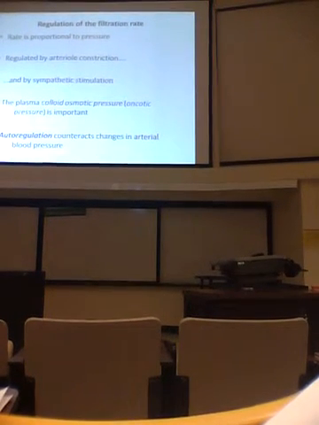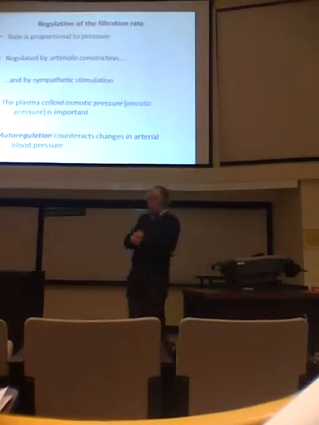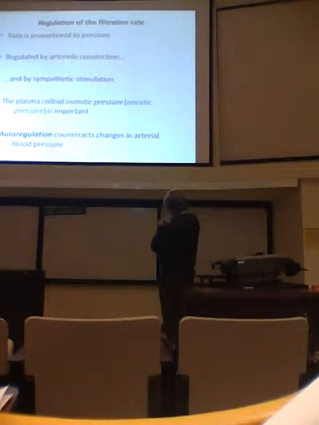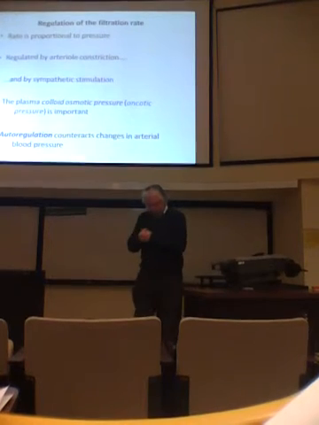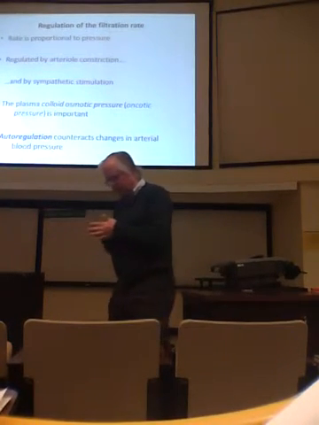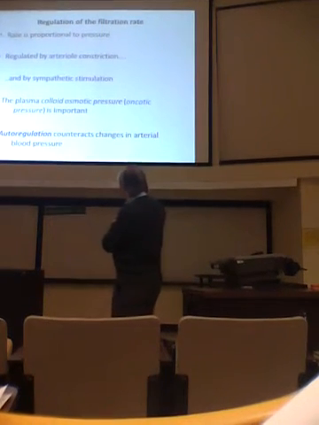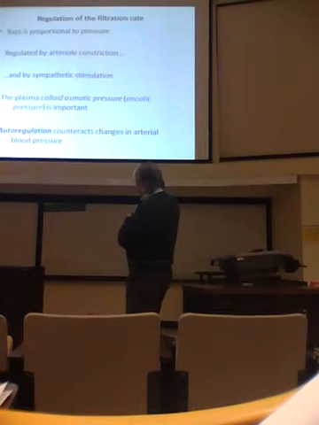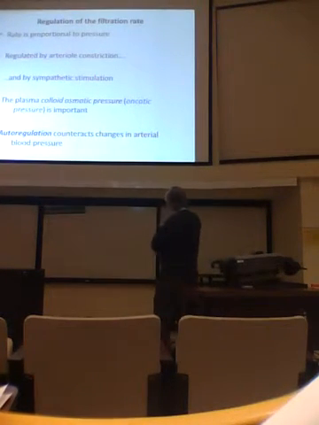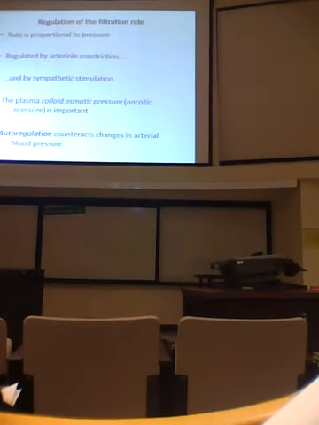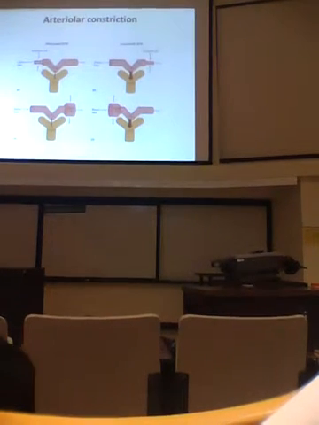So that will change the filtration rate. But the important thing here is to have a look, particularly at this arterial constriction issue, because it regulates the glomerular filtration rate, and it's known in kidney speak as autoregulation. So this process called autoregulation counteracts changes in arterial blood pressure. So you don't have to stop for a pee, you don't get eaten by the lion.